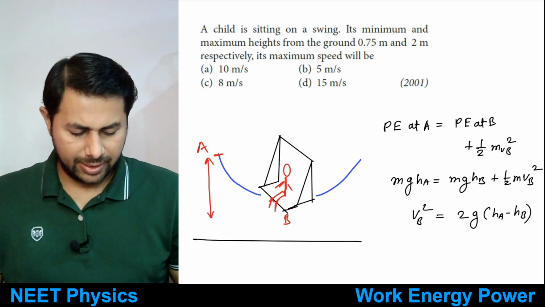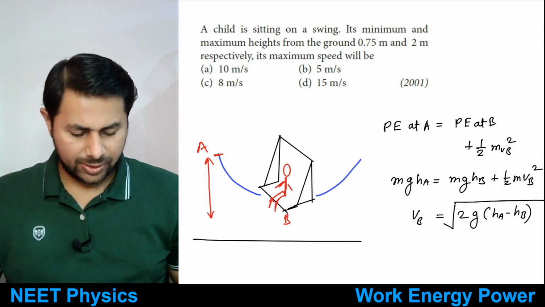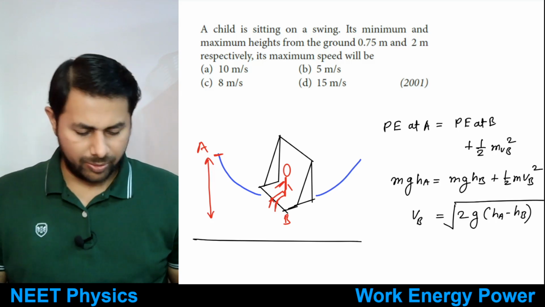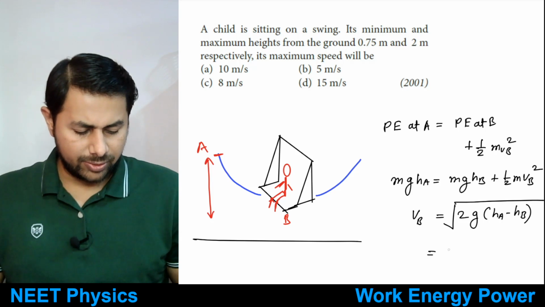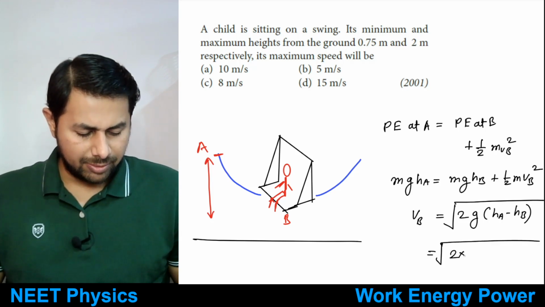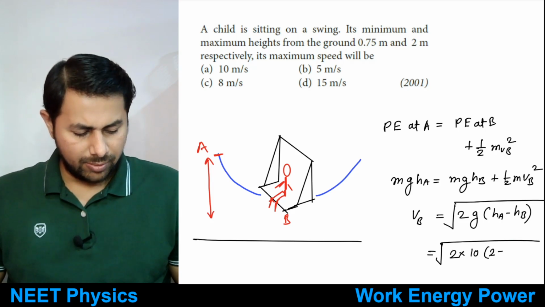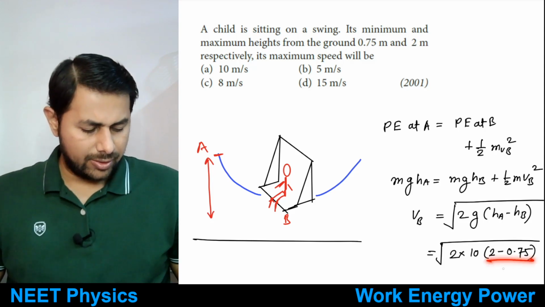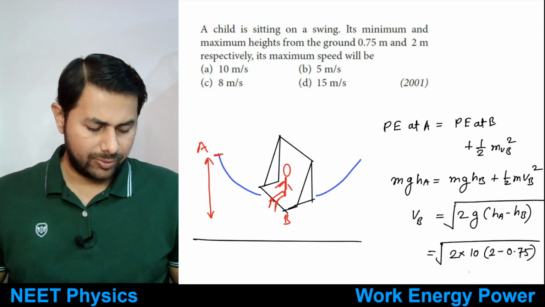If you want Vb, just take the square root of the other side, which is the square root of 2 times g, which is 10, times ha minus hb, which is 2 minus 0.75. So how much is that? 1.25. 1.25 times 2 is 2.5. 2.5 times 10 is 25.